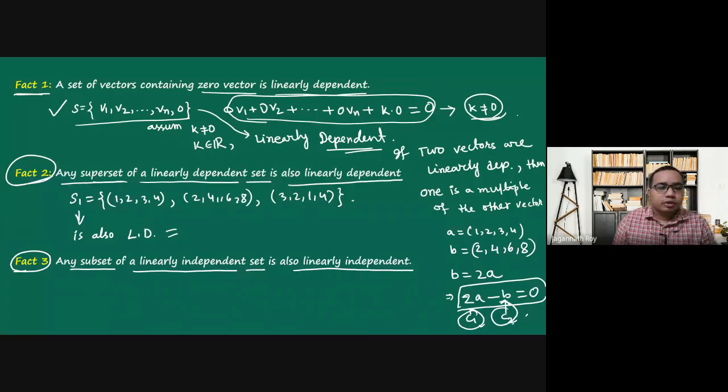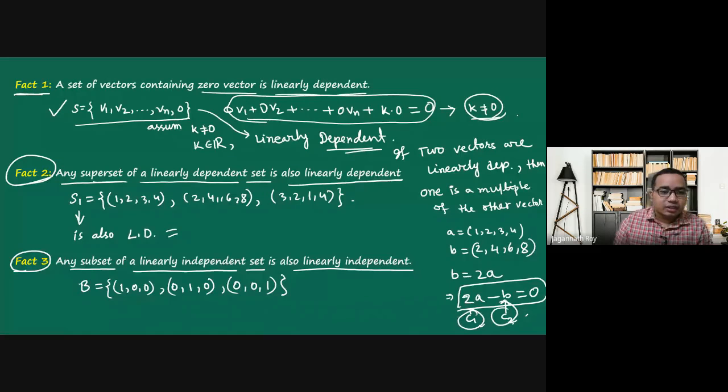Now, if you go back and look, suppose B, we have taken (1, 0, 0), (0, 1, 0) and (0, 0, 1), one linearly independent set. We have seen this, if you want to verify.